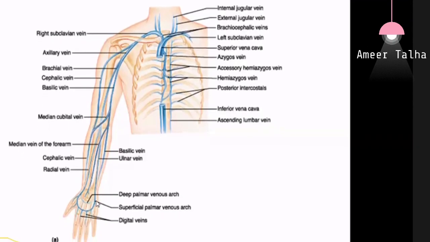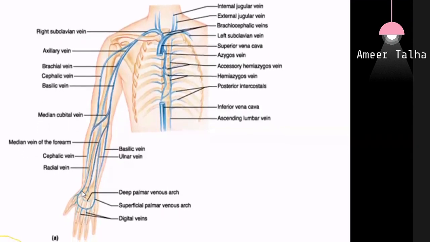So from the dorsal venous arch, there are two ends, the lateral end towards the thumb and the medial end towards the little finger. If we talk about the lateral aspect first, from the lateral aspect, it continues upward as the cephalic vein.